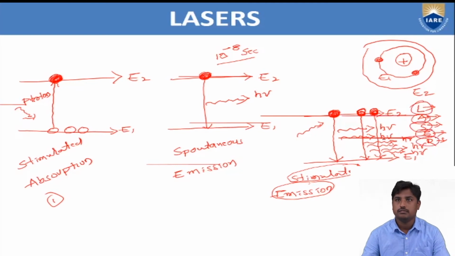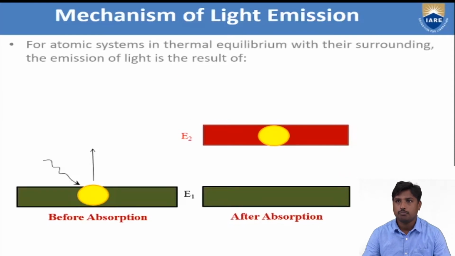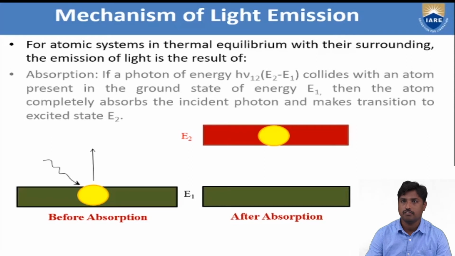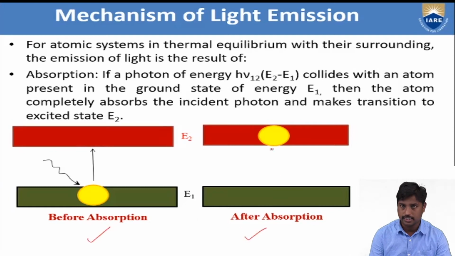Again, see the basics. Mechanism of light emission. For an atomic system in thermal equilibrium with its surroundings, the emission of light is a result of absorption. The first thing is absorption, which we already discussed. The first diagram represents before absorption, and after absorption the electron is in the excited state.